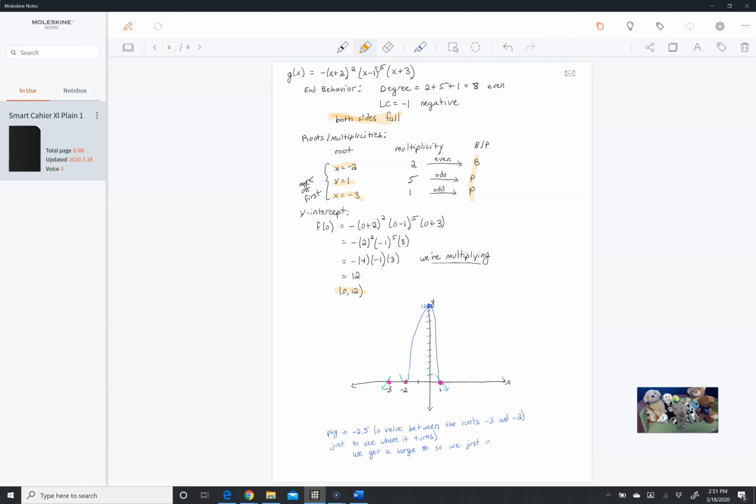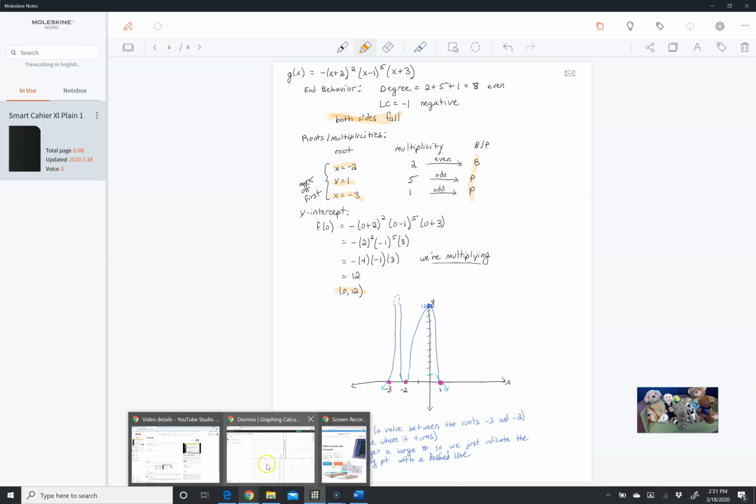So we just indicate the turning point with a dashed line. In other words, it goes off the graph. So we're just going to go up here, and I'm just going to put like a dashed piece there just so that you can see that it goes up off the graph.